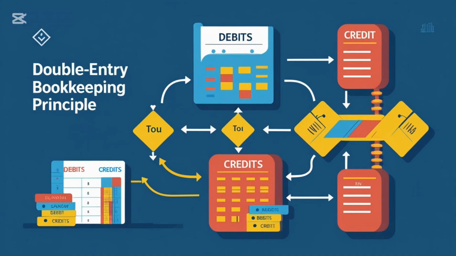I'll give a recap. The accounts that are normally debited are your asset accounts and your expense accounts. Once there's a new asset or a new expense, you record that transaction on the debit side of your account.